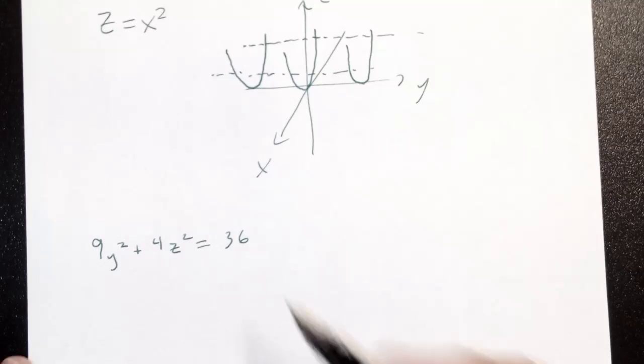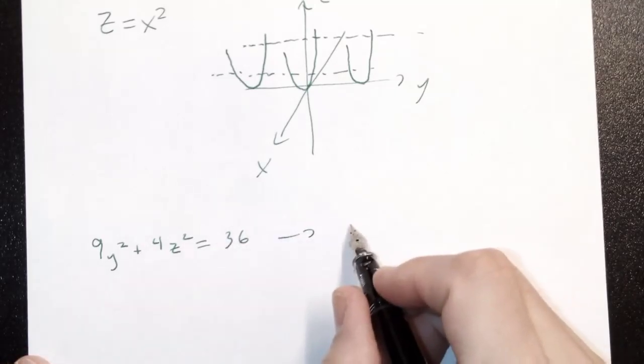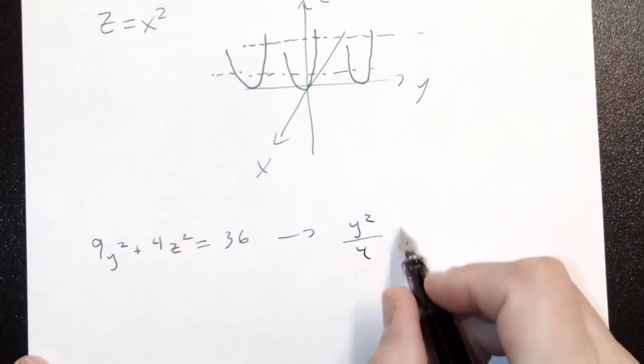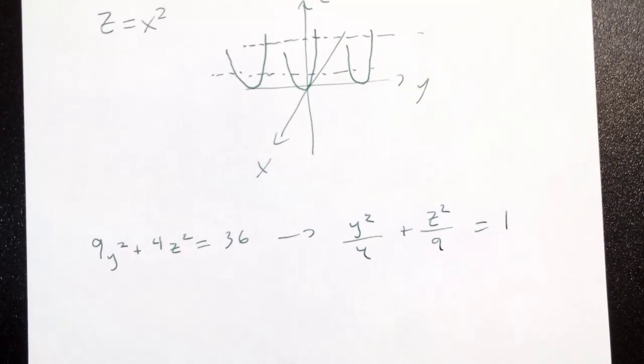If I remember, ellipses always had ones on the other side. So I'm going to divide everything by 36. That's an ellipse. I remember that. The standard form of a conic section, chapter 10, section 5. We did do this.